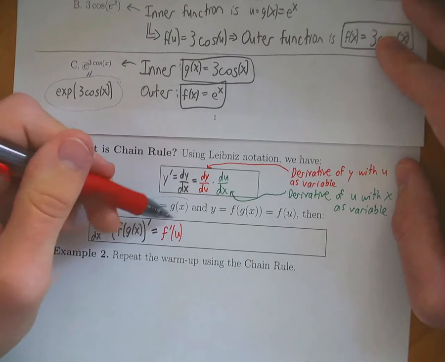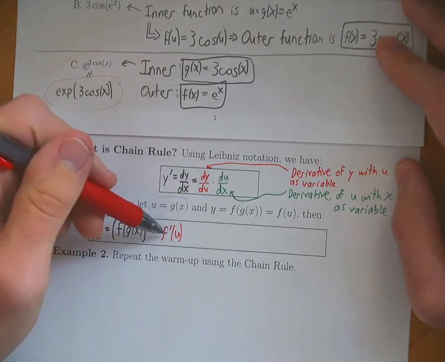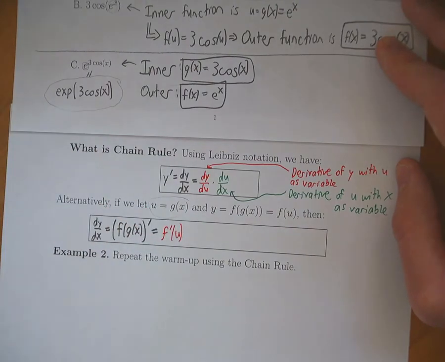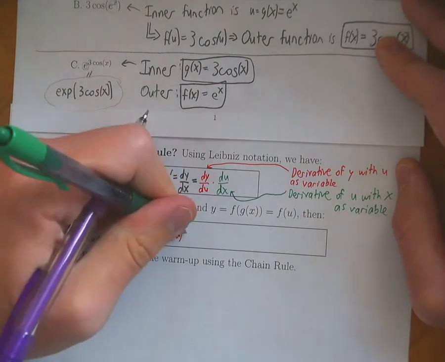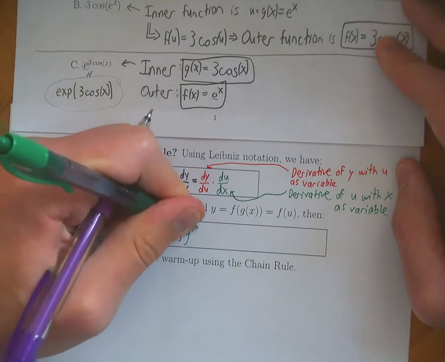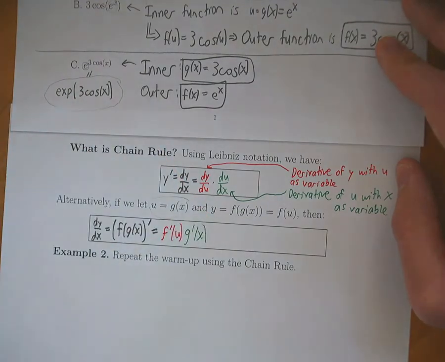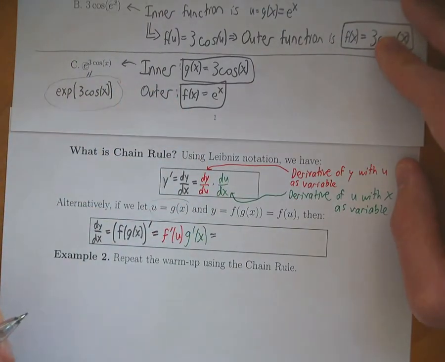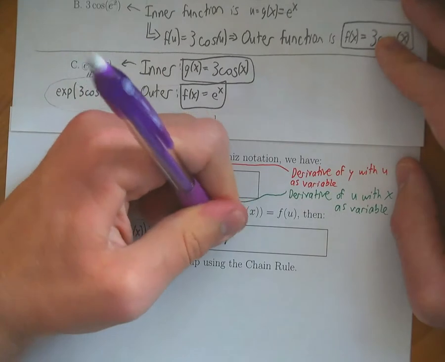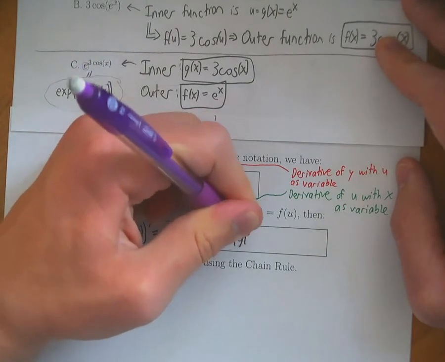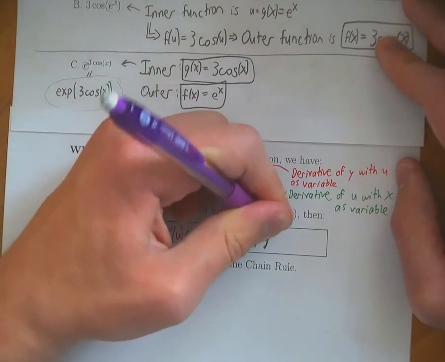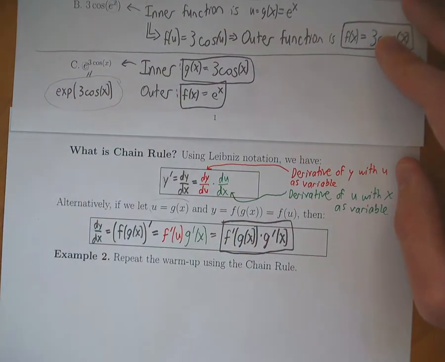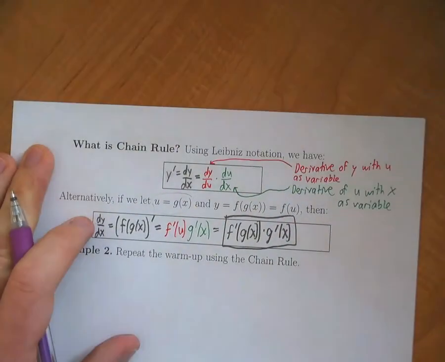So we're taking the derivative of the outer function with respect to our inner function, and then times the derivative of the inner function with respect to x. In short, that gives us the chain rule, which is also written as f prime of g of x times g prime of x. So that's the chain rule we're going to need for today's lesson.